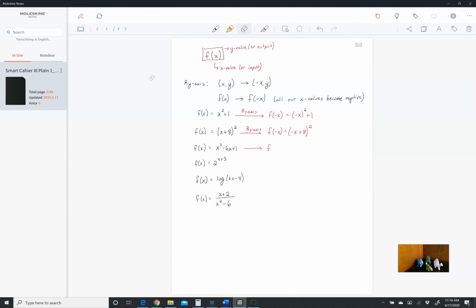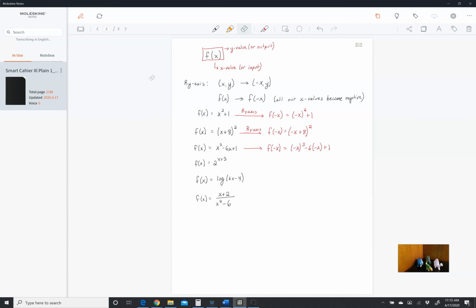So again, all we're doing is we're replacing all of our x's with negative x's. So don't forget about your parentheses, right? It's x cubed. This becomes negative x cubed minus 6 times negative x plus 1. You can simplify this, okay?